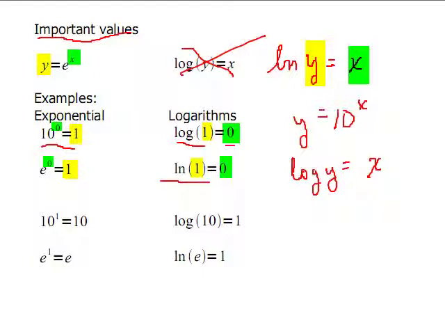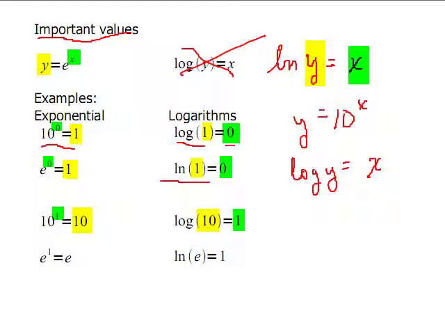Now, if you raise a number to the first power, you just get its value back. So here's where the exponent is 1. The answer is the base. If you take log of 10, that means you're taking the log of a number that is the same as the base, then the answer will be 1.